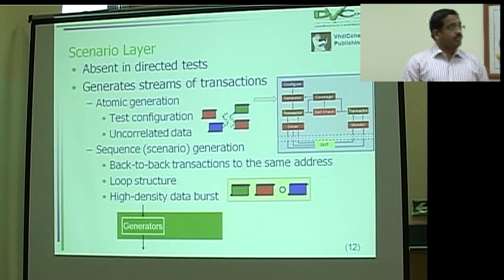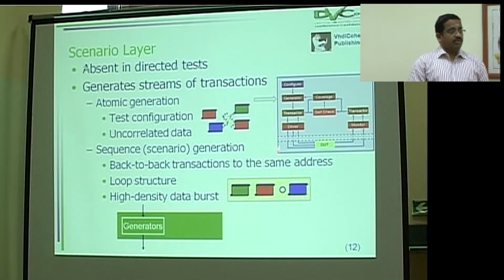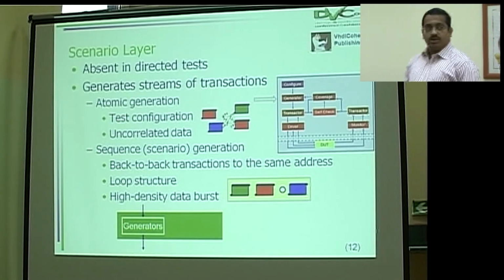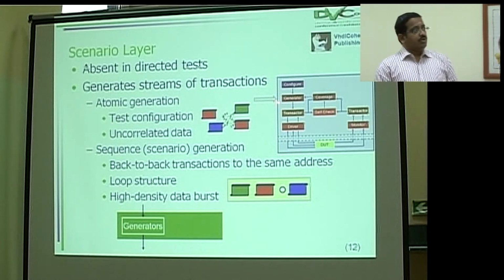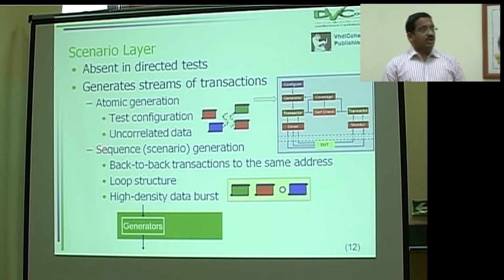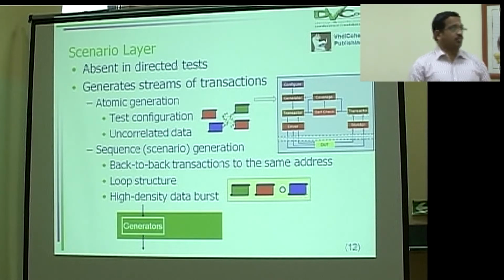Okay. Scenario layer: if you had directed tests, you don't need it, but if you wanted random tests, then you have what is called a generator layer. From there, you generate a stream of transactions, could be atomic, could be sequence or scenario generation, and atomic transactions could also influence your test configurations, and fairly uncorrelated data in terms of just random transactions, as many as you want.